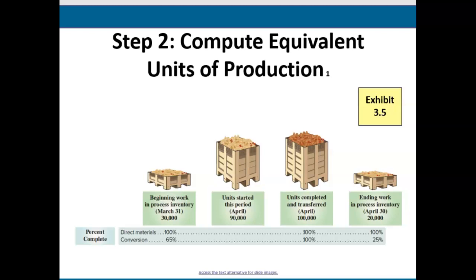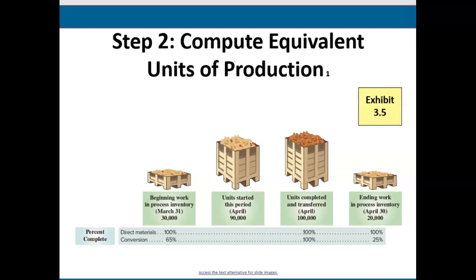In both roasting and blending, direct materials enter production at the beginning of the process, while conversion costs occur throughout each department's processing. Conversion costs are made up of direct labor and applied overhead. They are called conversion costs because those are the costs of converting raw materials into finished goods.